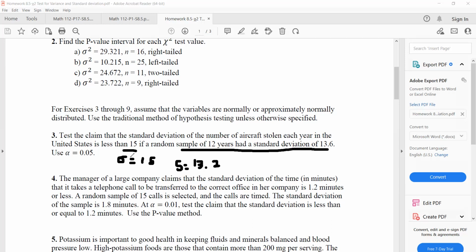In number 4, the standard deviation here is 1.2. So you can see that the standard deviation varies, which is what your original question was.